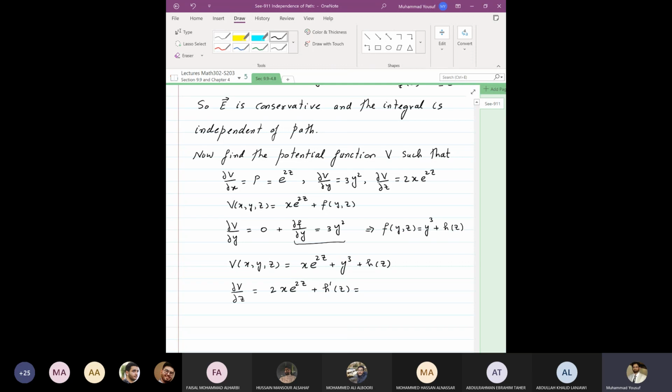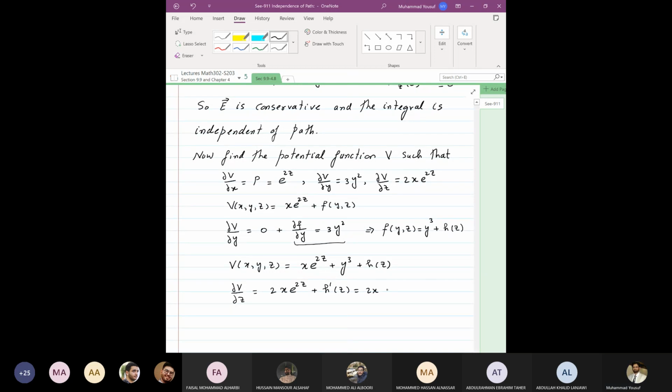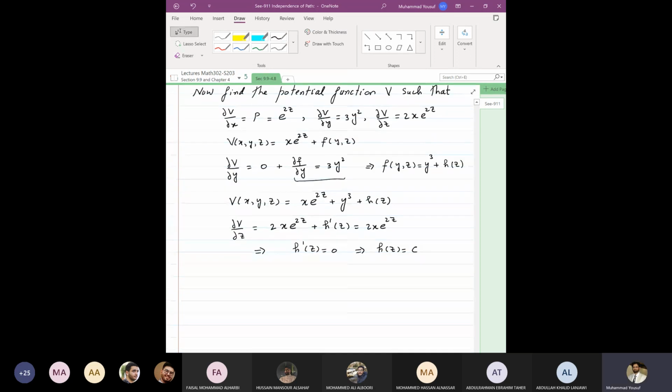And we put this equal to R. R is 2x e power 2z. So this implies that h prime of z is 0. So h of z is a constant, some number. And we take this constant equal to 0.